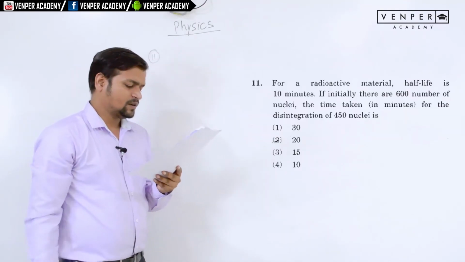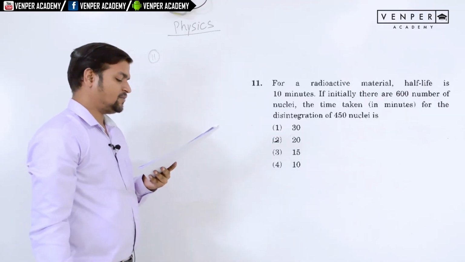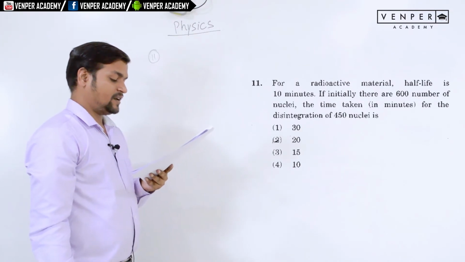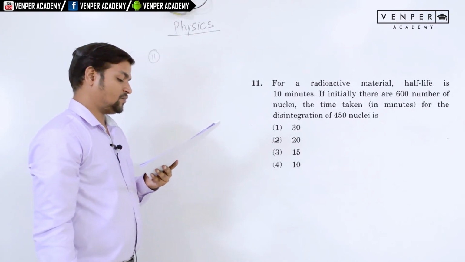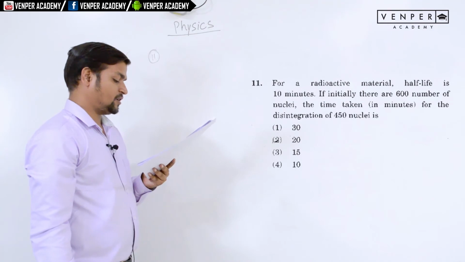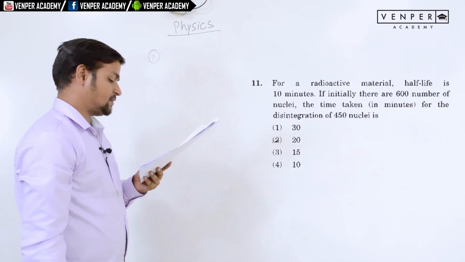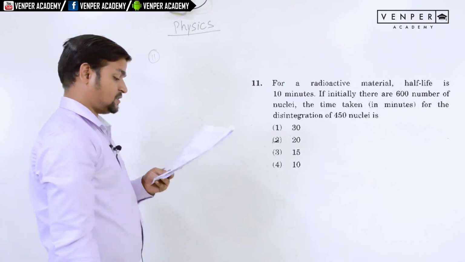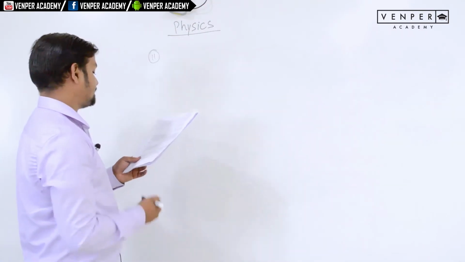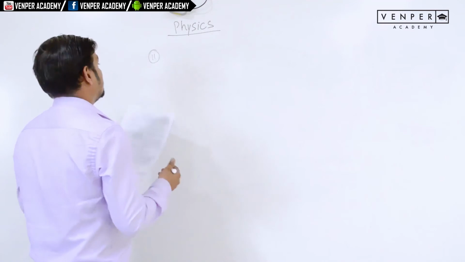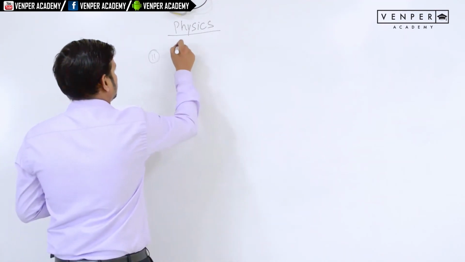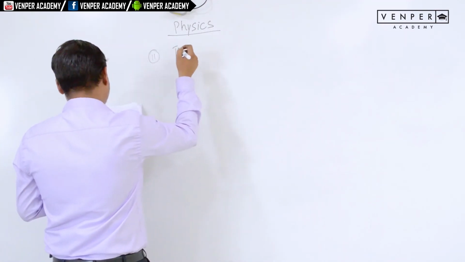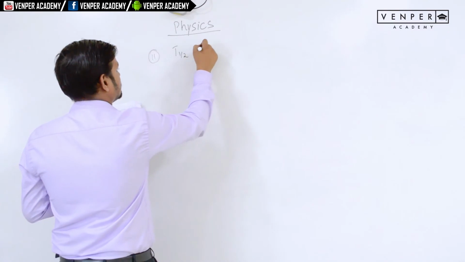Question number 11. For a radioactive material, half-life is 10 minutes. If initially there are 600 number of nuclei, the time taken for the disintegration of 450 nuclei is, okay, here what is given? T half is 10 minutes.